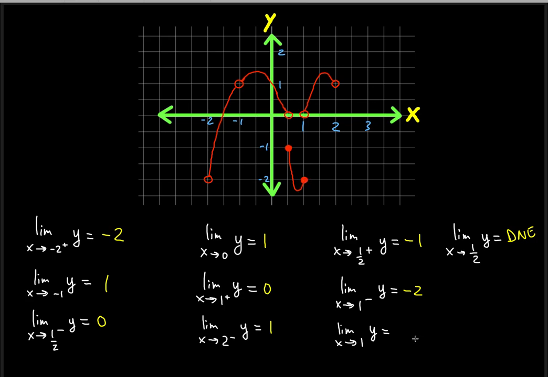To confirm that, the left-sided limit we just found was -2, and the right-sided limit, right here, as x approached 1, was 0. 0 and -2 are not the same value. So therefore, this answer does not exist.